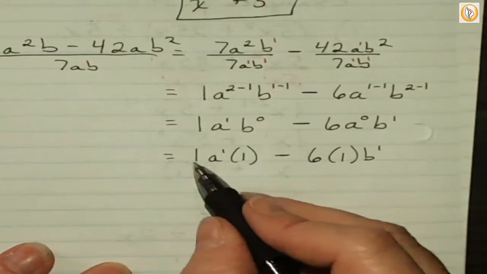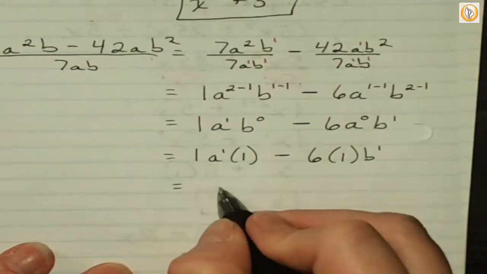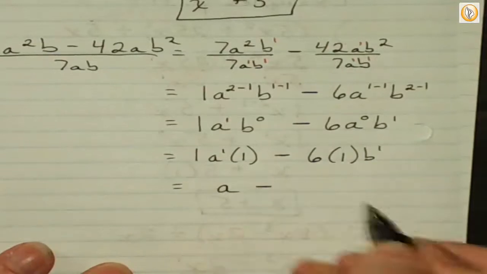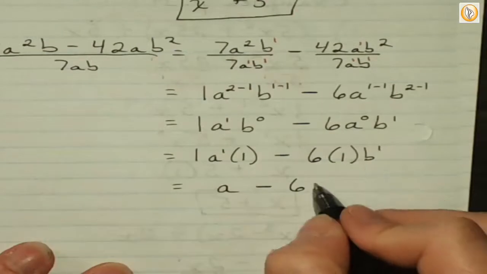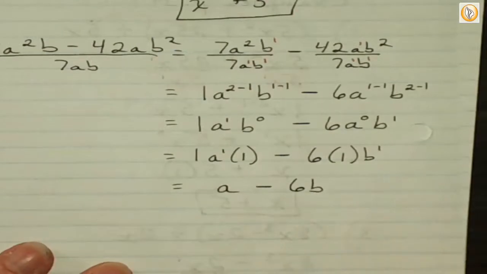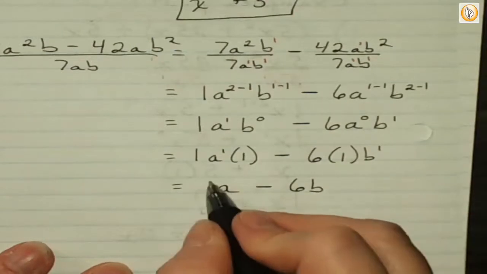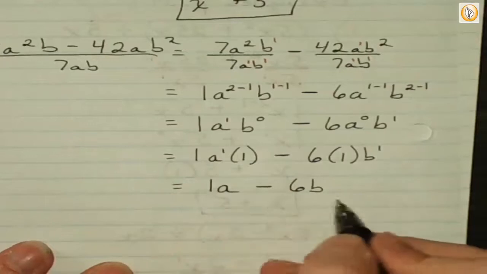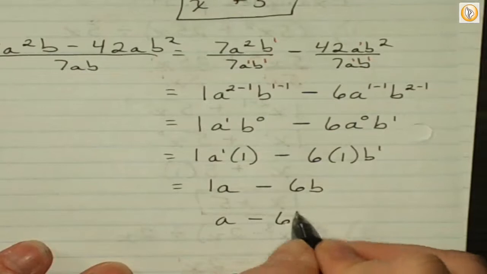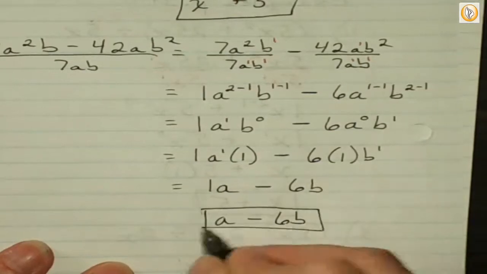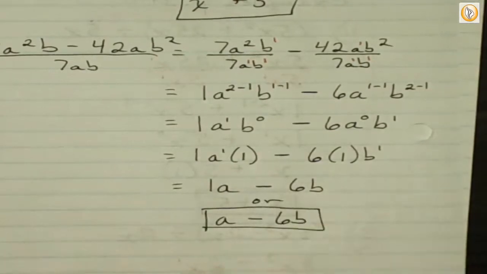All of this is being multiplied by 1, so you're just left with a minus 6b. If you want to say 1a minus 6b, that's fine, or just a minus 6b. Any questions?